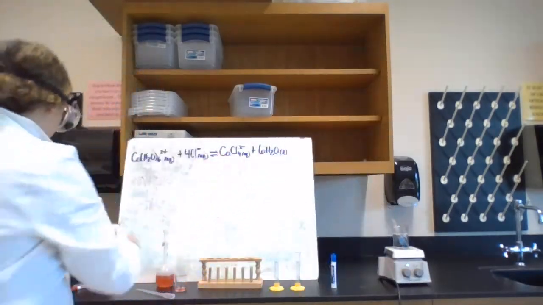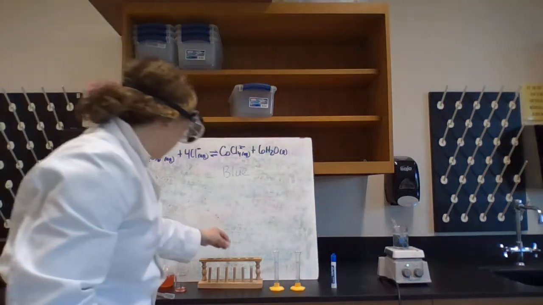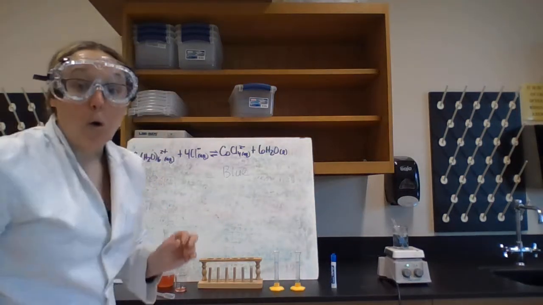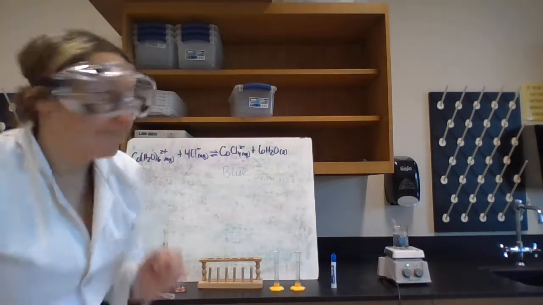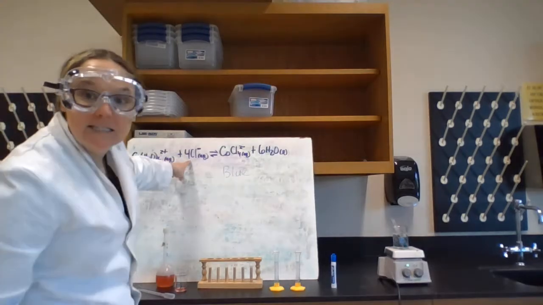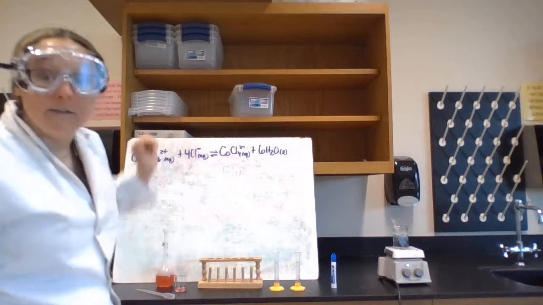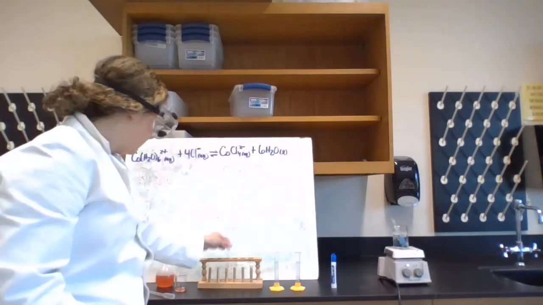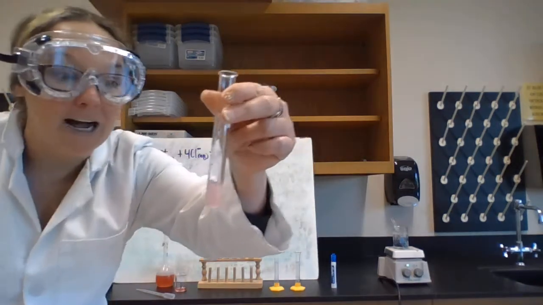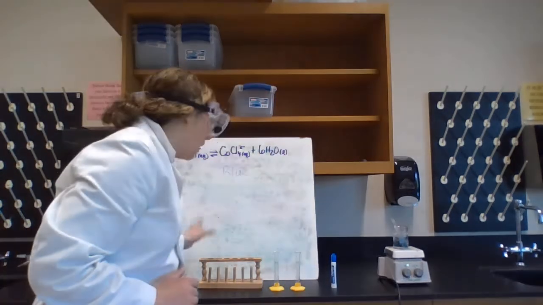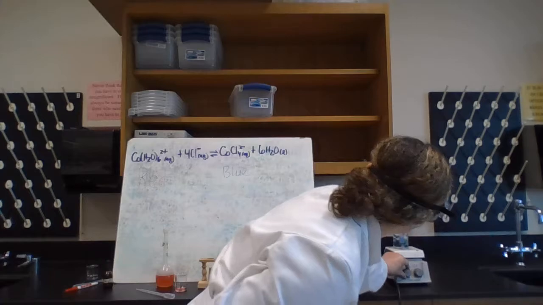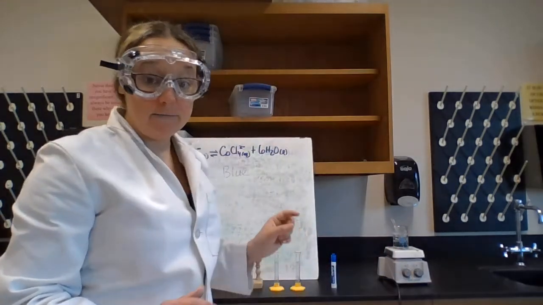All right, so what's happening? The silver is combining with the chloride to form this silver chloride, which you can now see in there. And we are finished here. So let's take a look at what we have.